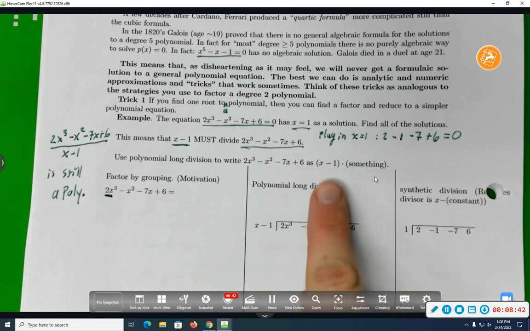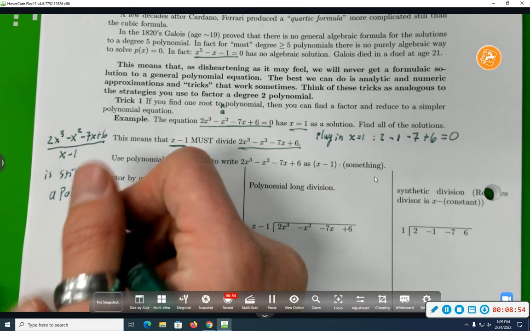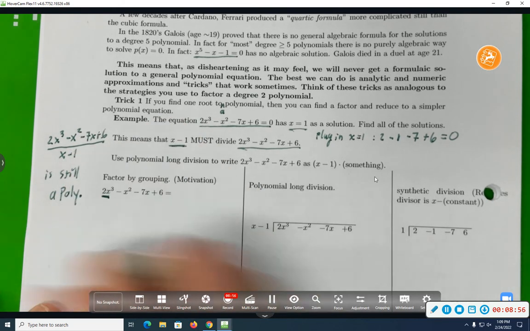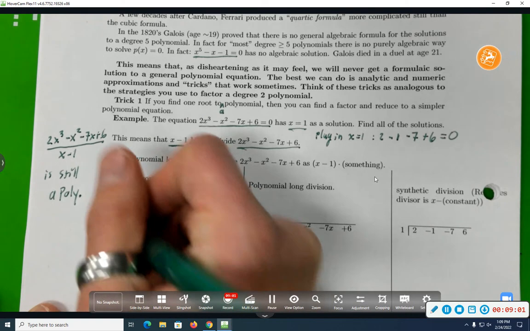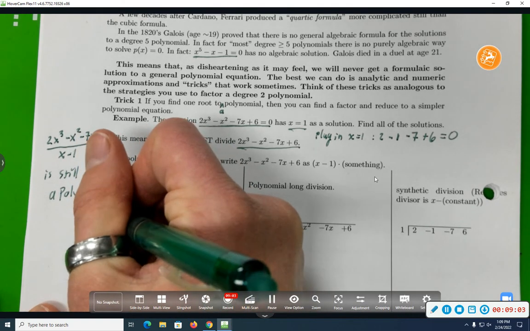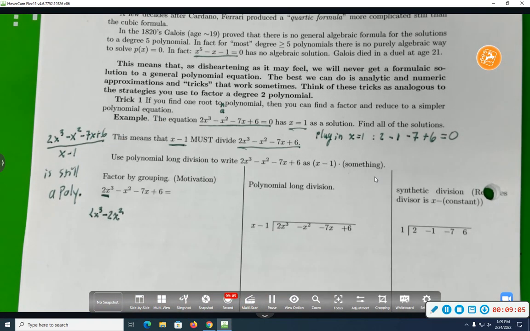But the only way I can get 2x cubed as x minus 1 times something is if I multiplied that x minus 1 by 2x squared plus some stuff. So I'll try to write down that 2x cubed so that I see an x minus 1. So 2x cubed. If I also just saw a 2x squared, I could factor an x minus 1 out.